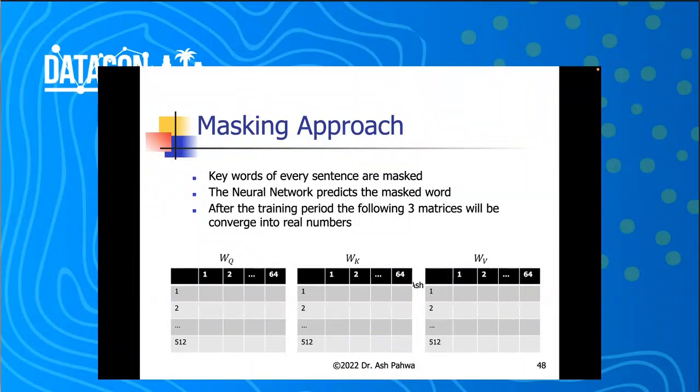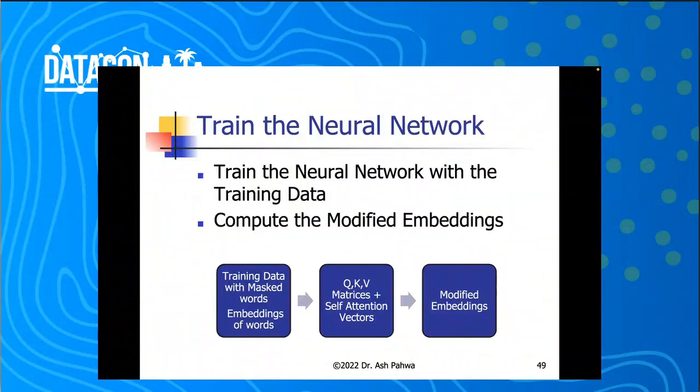But if I take a huge training dataset, then you will see that slowly the embeddings of these words will start changing. So now we can understand in which context the word bank is being used. Based upon the self-attention mechanism, we now have the ability to understand the meaning of the word.